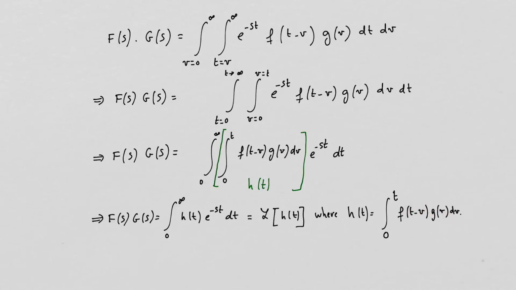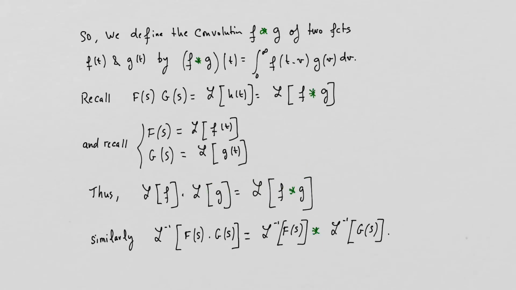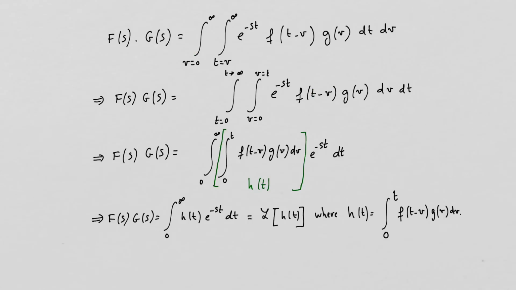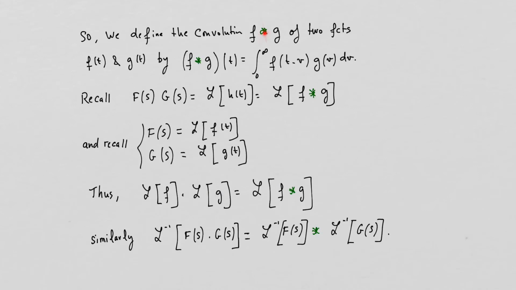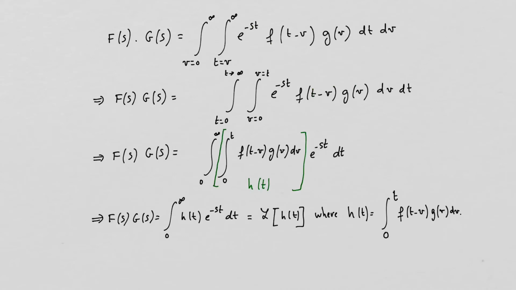So I went down here, and we are going to define this integral, which we call the h of t, as f dot g in green of those two functions, because this integral involves function f and involves function g.